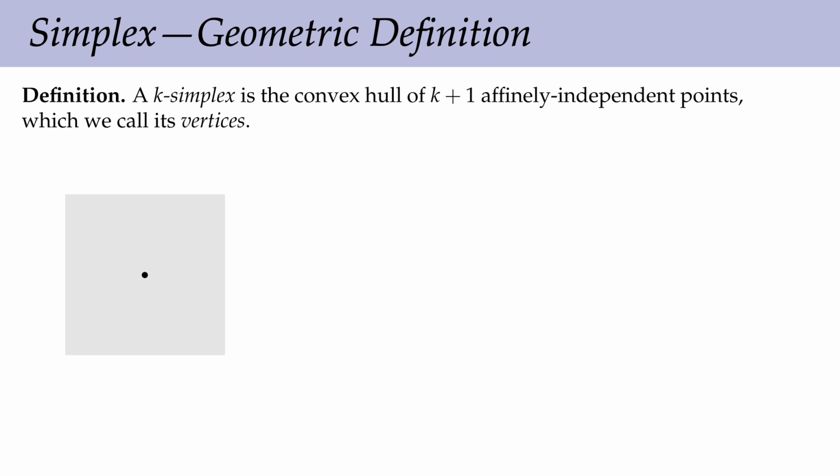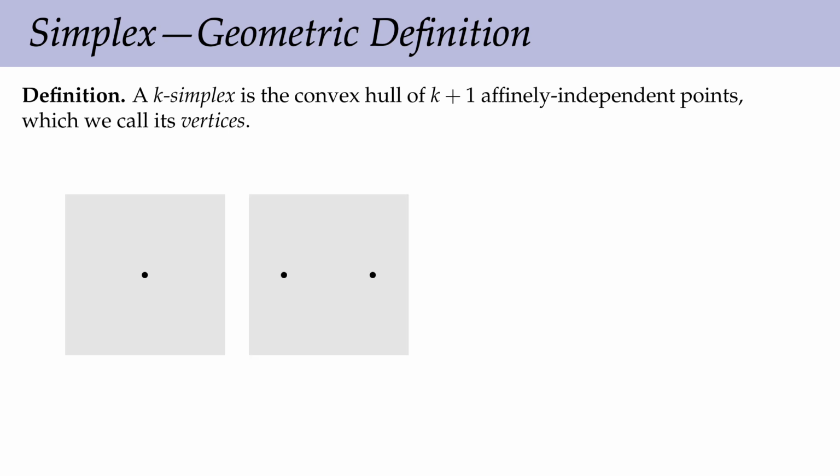If I take any 2 points in that set, they have to be the same point, and I draw the line segment between them, it has to be a line segment that goes from that point to itself. That segment stays entirely inside the set. Okay, so a single point is convex in a degenerate way. And so what that means is a zero simplex is just a point. It's a very, very fancy way of talking about a point.